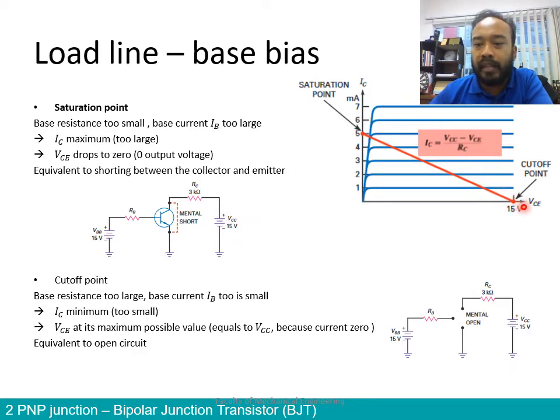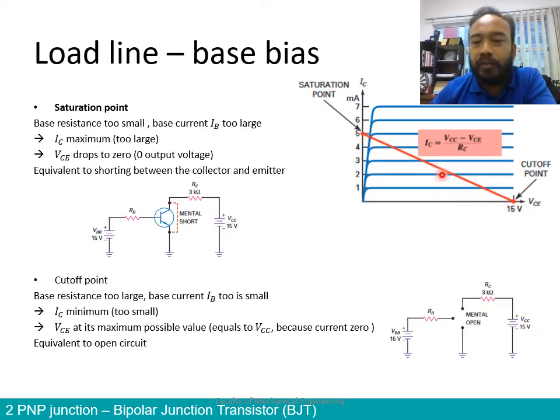So the variable here in the x-axis is VCE, which as we mentioned just now depends on IC, therefore depends on IB and RB. So what is explained by this line is basically the variation of this operating point as the base current changes.